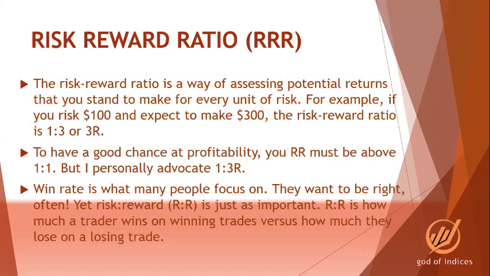Now, risk reward ratio. Risk reward ratio is also known as RRR or RR, right? The risk reward ratio is a way of assessing the potential returns that you stand to make for every unit of risk. For example, if you risk $100 on a trade and expect to make $300 from that trade, your risk reward ratio for that trade is 1:3, right?